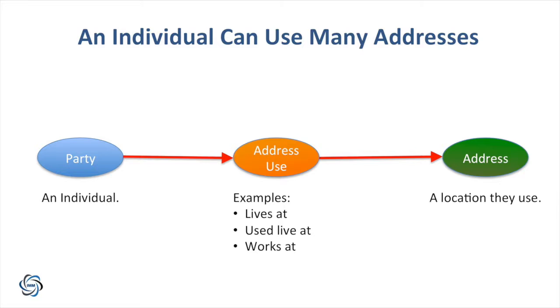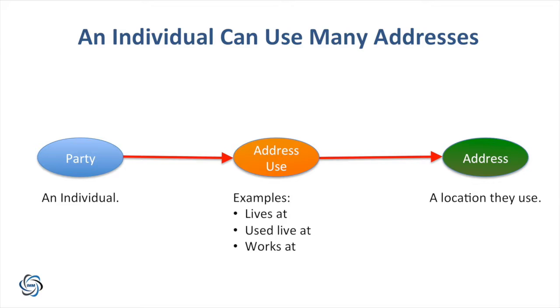Now, it could be that they're using the address as their head office. It could be a regional depot. It could be the high street store. For the individual, they could live at the address. They might work at the address, or they could have previously lived at the address. So there is a relationship between individuals or parties, the legal entities, and addresses.